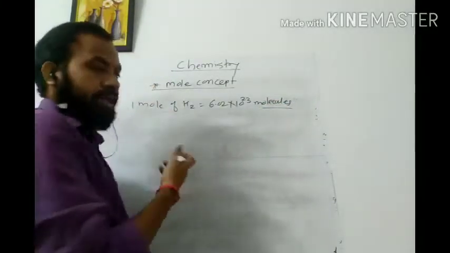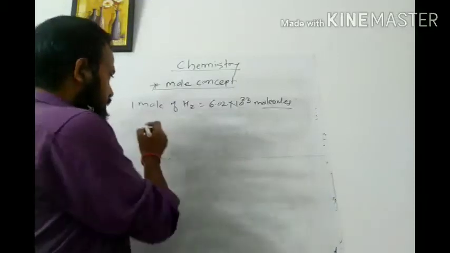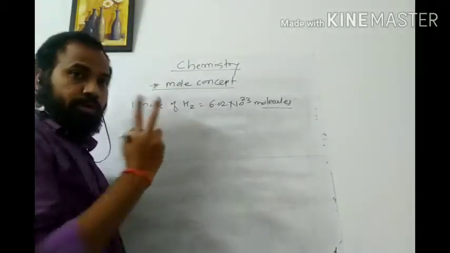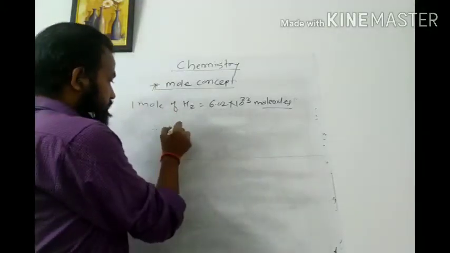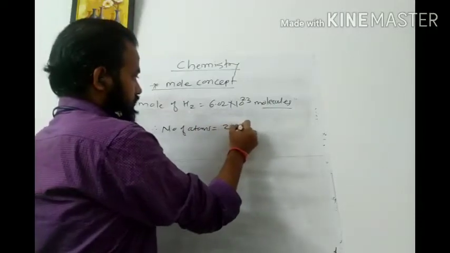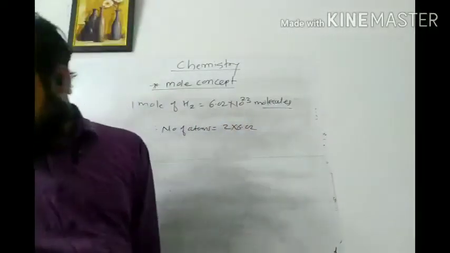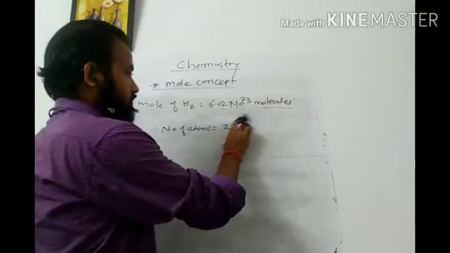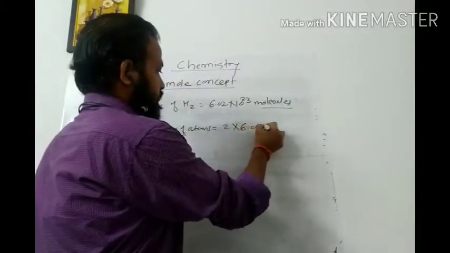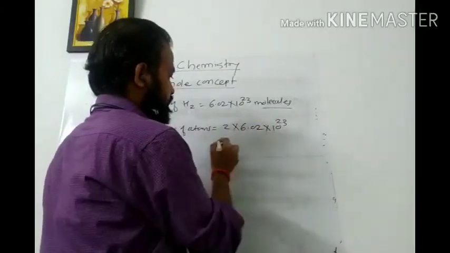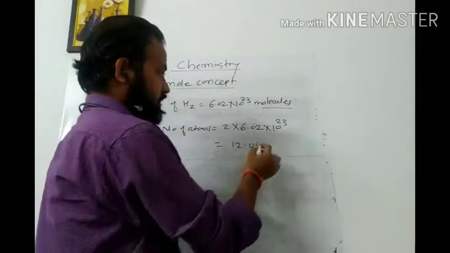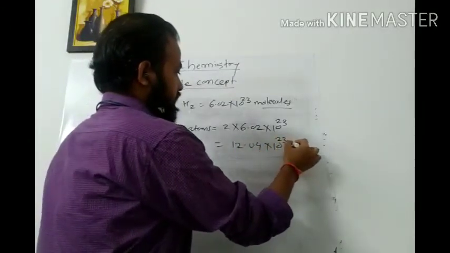If I want to calculate the atoms, therefore I can write, as we all know, this consists of 2 atoms, so number of atoms equal to 2 into 6.02 into 10 raised to 23, which means approximately 12.04 into 10 raised to 23 atoms.